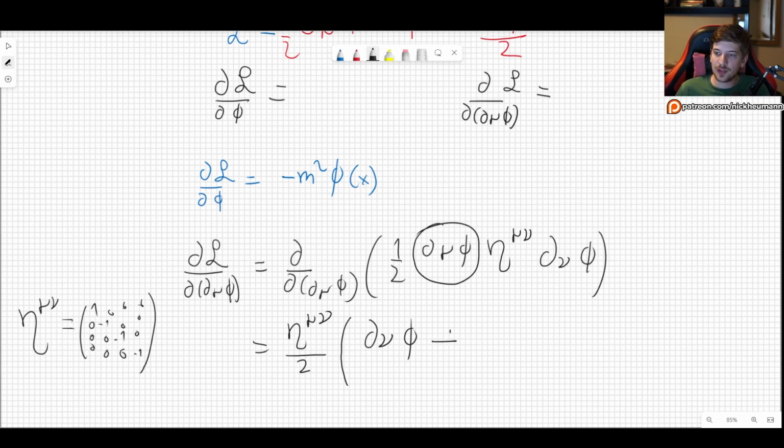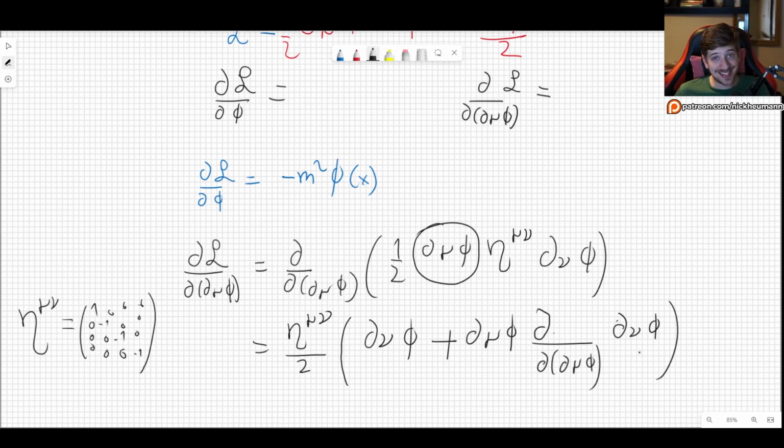But then we have plus. Now we keep this intact, so ∂_μ φ. And then we get the derivative with respect to ∂_μ φ, I guess that's how we can write it, of, well, ∂_ν φ. Well, what is this? Here it depends.